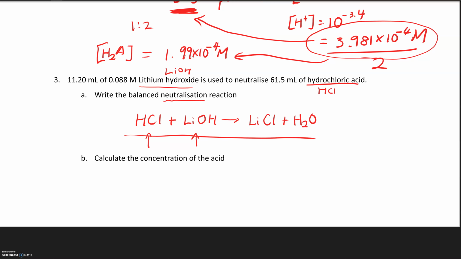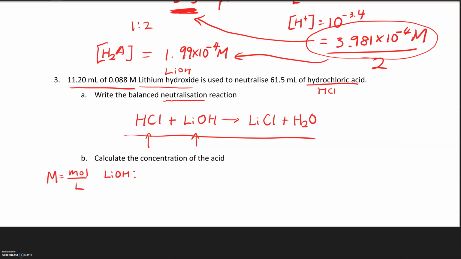So, from our given information, let's figure out how many moles of lithium hydroxide we have. So, lithium hydroxide, and I'm going to start our calculation for this. Well, we're still going to be using the equation molarity equals moles over liter, right? So the number of moles of lithium hydroxide is going to be our X.